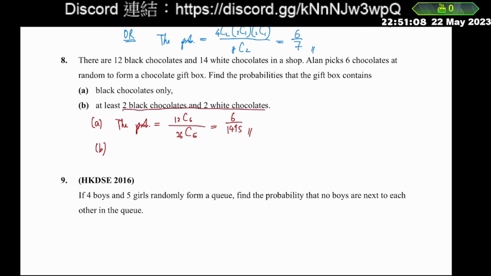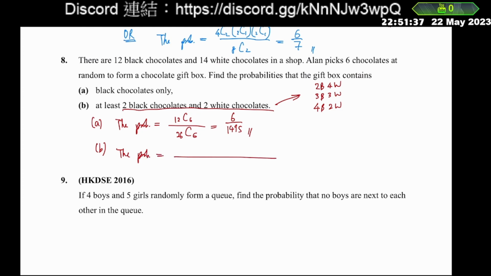At least 2 black and at least 2 whites: it can be 2 black, 4 white; or 3 black, 3 white; or finally 4 black, 2 white. If there are more black, then the white will not satisfy the requirement, and if there are more whites, then the black will not satisfy the requirement. Therefore, there are only 3 cases. We find the cases one by one, and then we can have the answer.